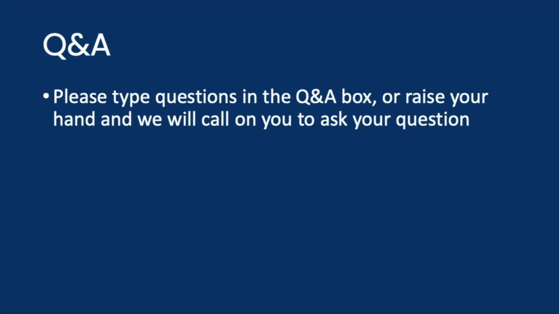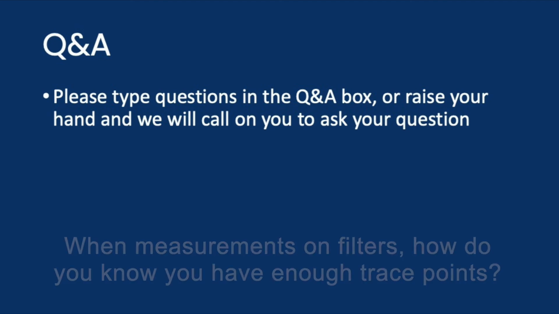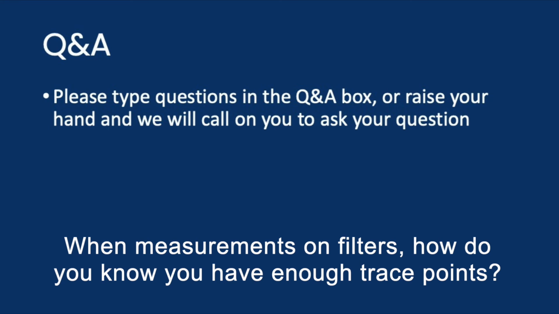Got another one here. When measuring filters, how do you know that you have enough trace points? Well, for that situation, it can be in different parts of the measurement of the filter.